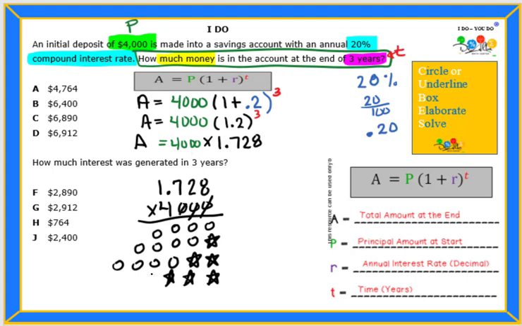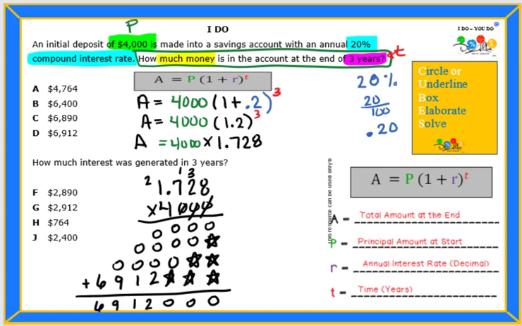So 8 times 4 is 32. We carry 3. 2 times 4 is 8. And 3 is 11. Carry 1. 7 times 4 is 28. And we add 1 that we carry. That's 29. We carry 2. 4 times 1 is 4. And 2 more is 6. And we're going to add up all these rows, which is basically going to give us what we have in the last row, because everything else were zeros.